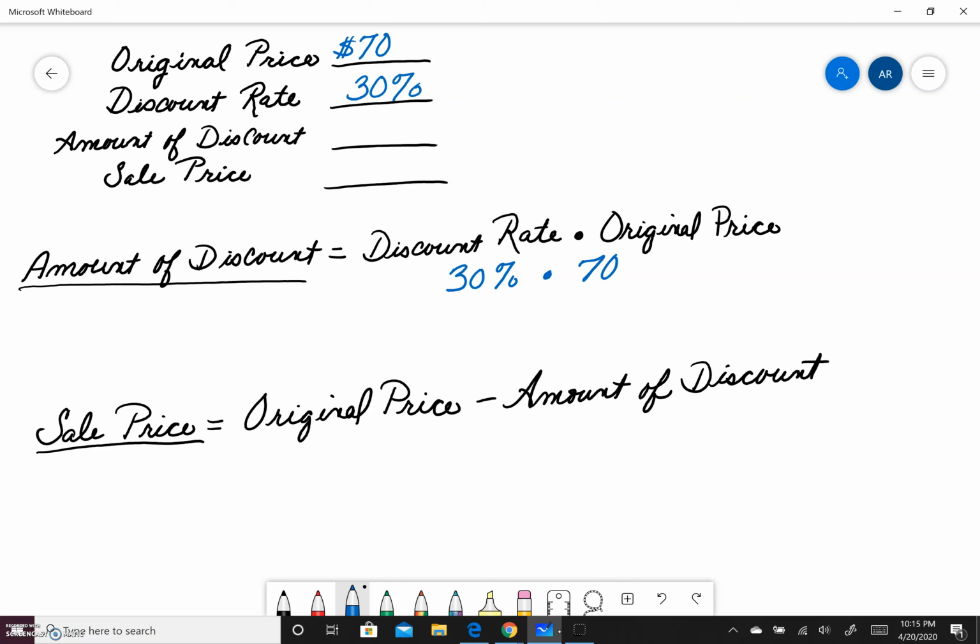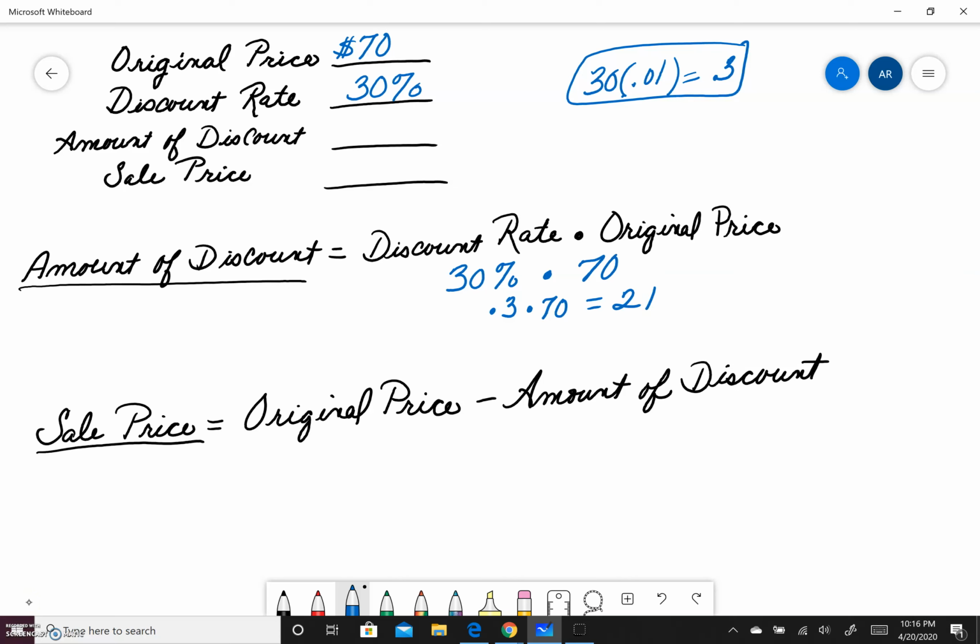But before we can do that, we need to take our 30% and multiply it by 0.01. And when we do that and we plug it into the calculator, you should end up with a result of 0.3. Okay, so I'm going to take that down here and I'm going to take 0.3 and multiply it by 70. And once you enter that into the calculator, you should end up with a result of 21.